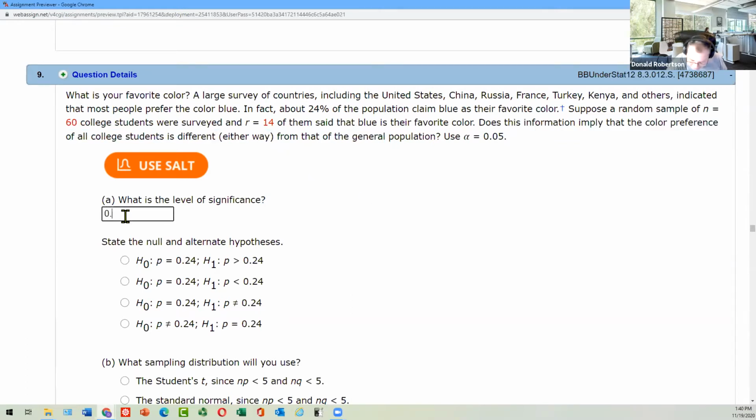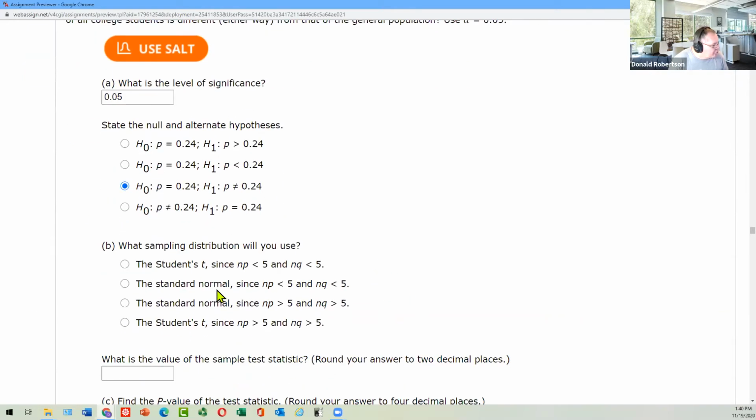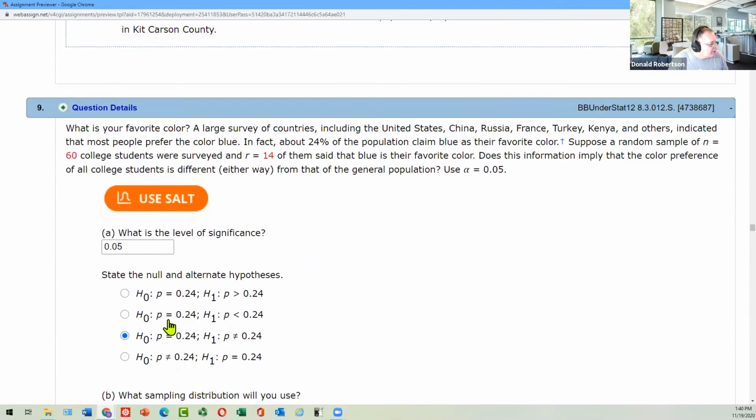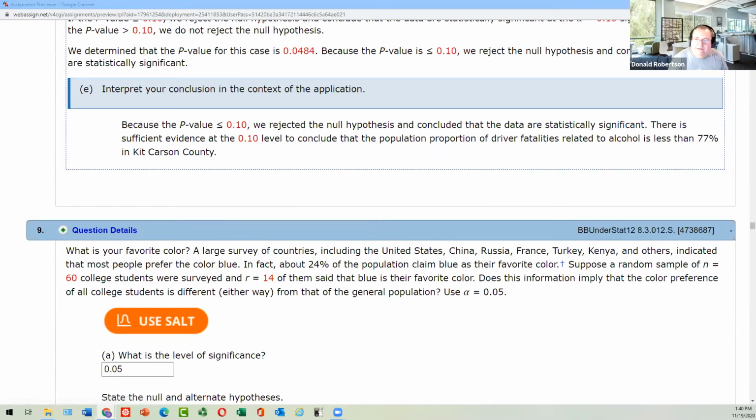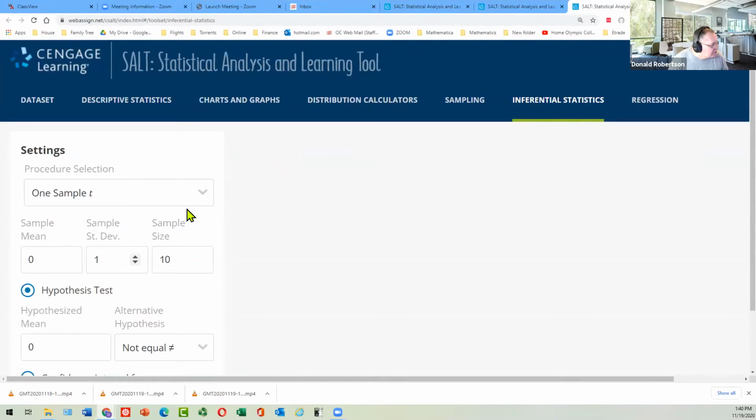Right, the significance level is that number. When they say different, they mean this fella here, not equal to. Different. What is the sampling distribution? Why can you do it? np ≥ 5, nq ≥ 5. And now we can get into the software part. One sample.